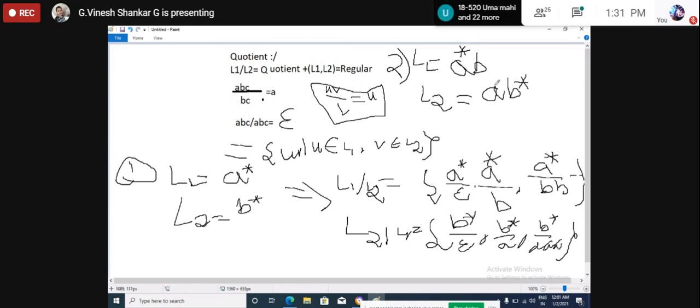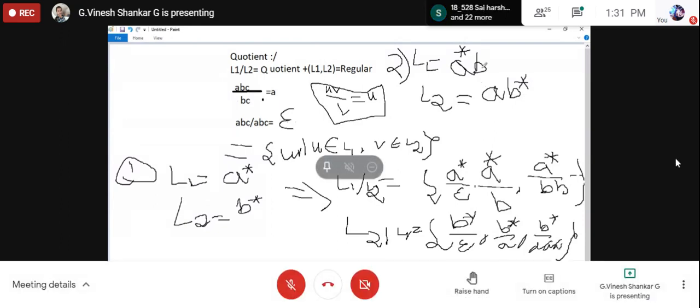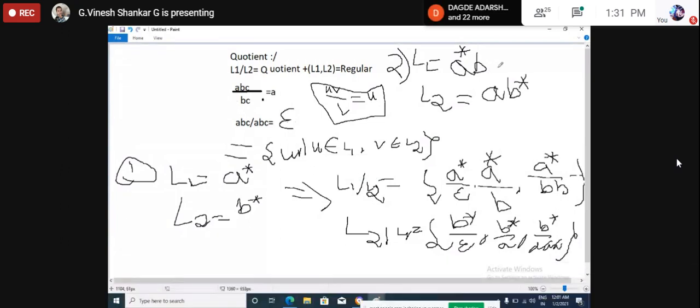L1 by L2 means A star B by A, A star B by epsilon, A star B by AB, then A star B by A double B, then triple B, 4 B's. Like this it continues, and where you get the answer, you will get it. Now L2 by L1 means AB star by A epsilon B, that is B, then AB, then double AB, then triple AB.